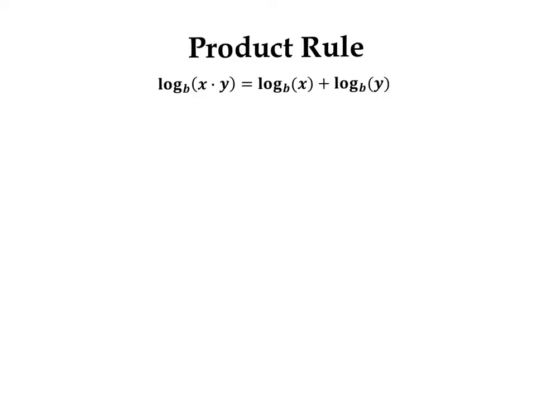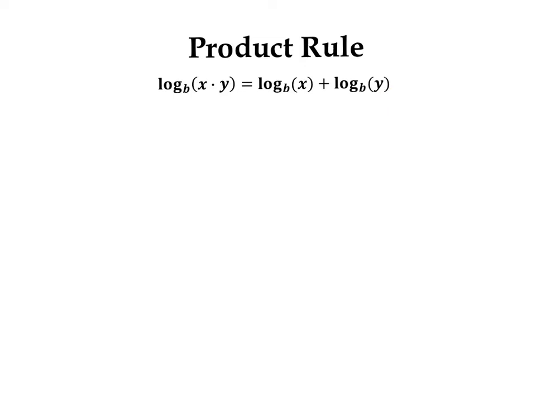So let's start with the product rule. As you see here, we have a log with some base, and two things are being multiplied. When you multiply them, we can separate this into two separate logs, one with the first value x and the second with the value y, and we add them. You're able to separate these two quantities by adding them.